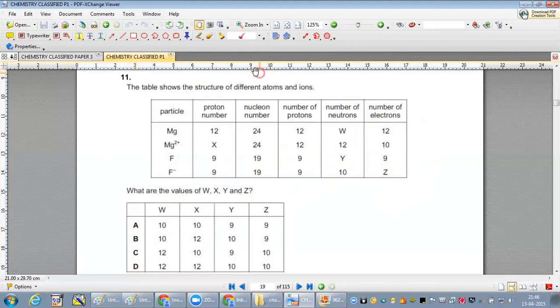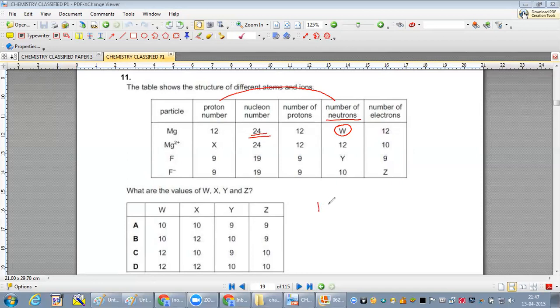Now in the first case, I want the number of neutrons, which is W. Always, nucleon number is equal to the sum of protons and neutrons. Nucleon number is 24.